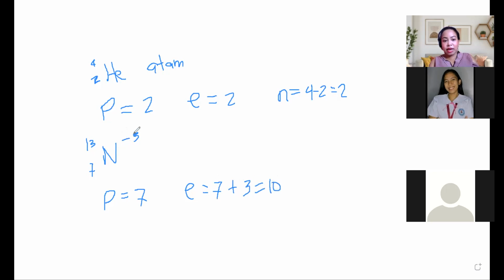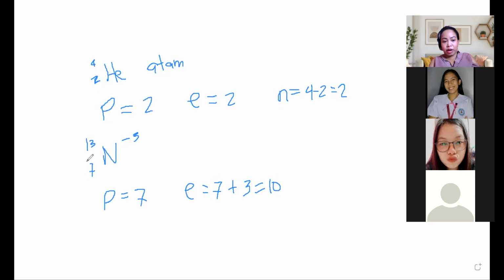Because this is negative, it means it has three more electrons than its atomic number. So 7, which is already present in there, plus 3 donated from somewhere, so it becomes 10. How about neutrons?